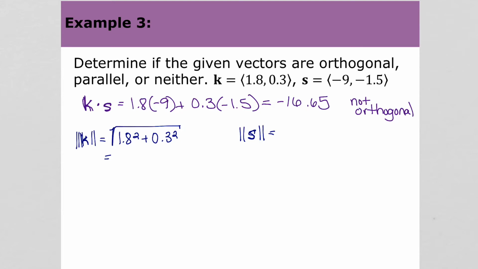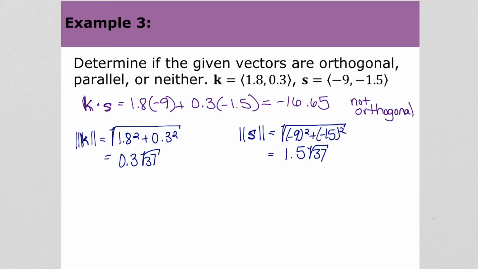And that is 0.3 square root of 37. For S, the magnitude of S is the square root of -9 squared plus -1.5 squared. And that is 1.5 times the square root of 37.